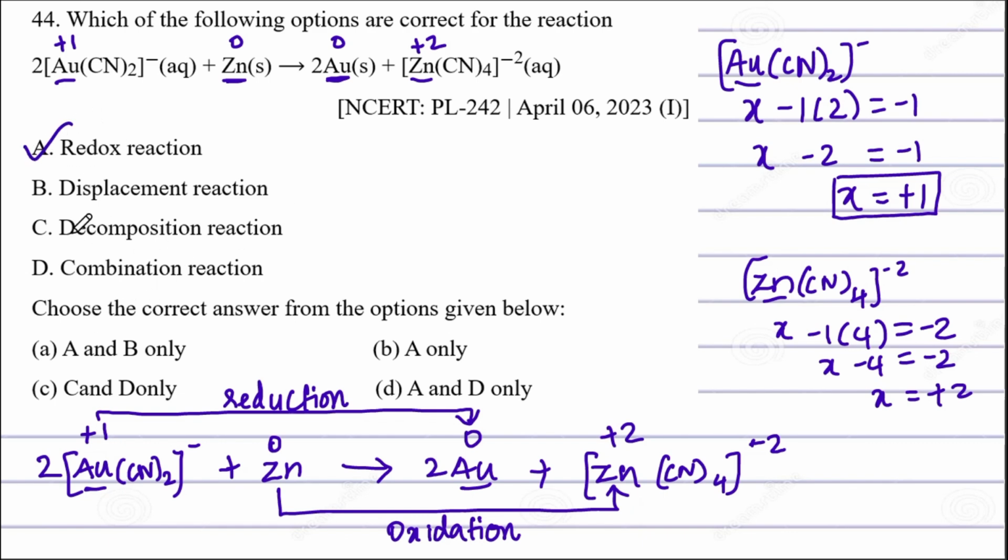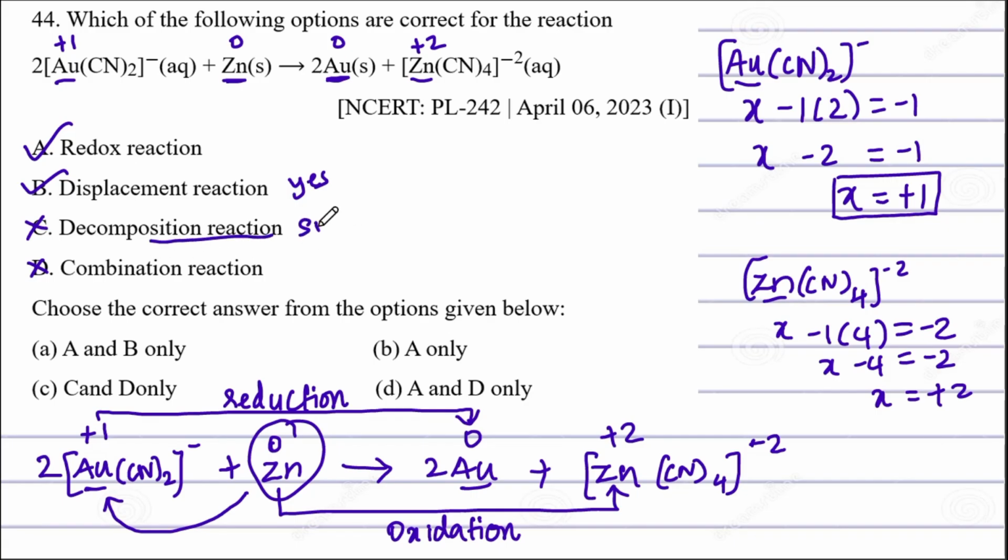Then for the other options, you have to check whether this is a displacement reaction. Yes, it is a displacement reaction because zinc displaces gold from the compound [Au(CN)2]⁻, and zinc forms another compound with the cyanide ion. It is not a decomposition reaction or a combination reaction.